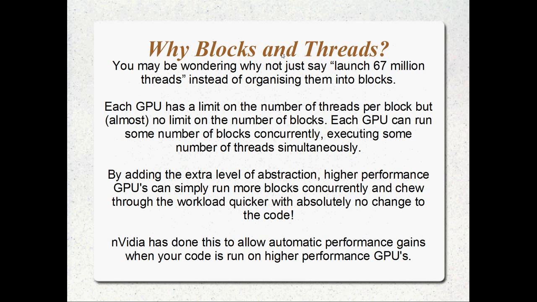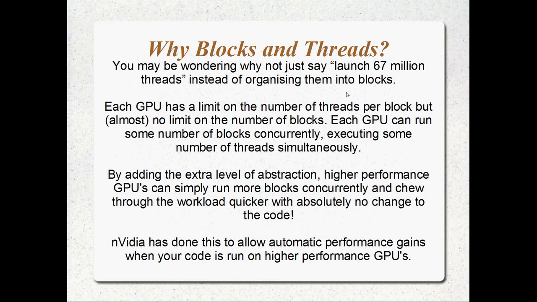Okay, so why blocks and threads? You might be wondering why not just say launch 67 million threads instead of organizing them into blocks as well. Why the additional abstraction? Each GPU has a limit on the number of threads per block, but almost no limit on the number of blocks. And each GPU can run some number of blocks concurrently, executing some number of threads simultaneously. Basically, you tell the kernel to launch, say, 100 blocks of X number of threads, and a really high performance GPU might run, say, 10 of those blocks at once, whereas a really low end GPU might run 2 of those blocks at once.